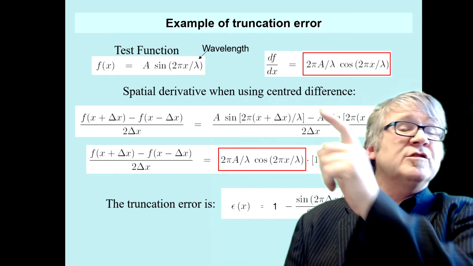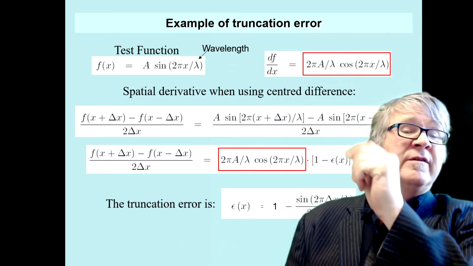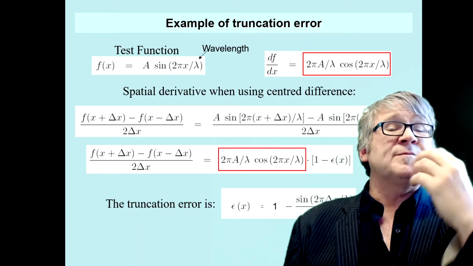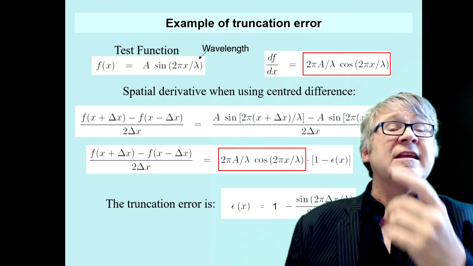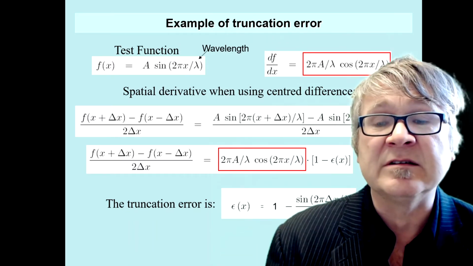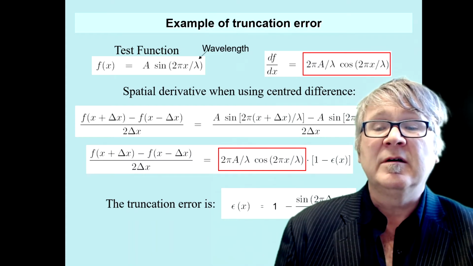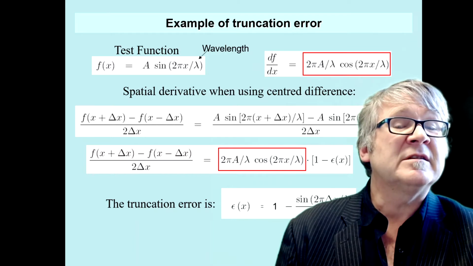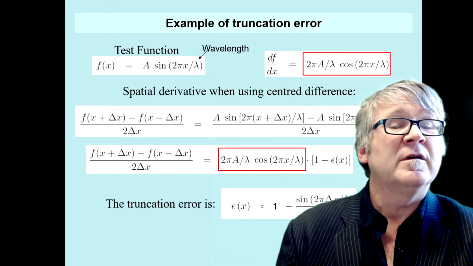The top line shows you the original function and the first derivative. And now what we do is we compute the spatial derivative using centered difference. You just learned what that is, shown here on the left. This is the centered difference.